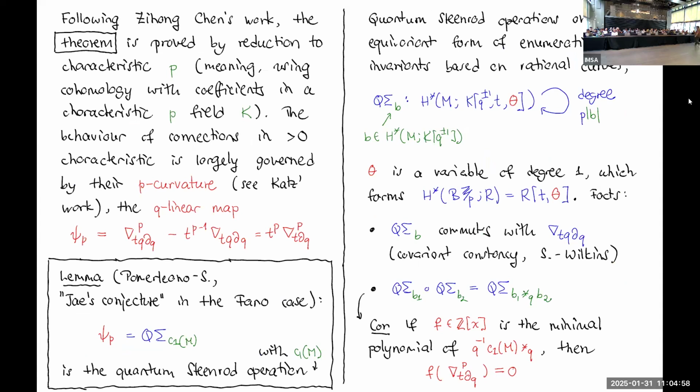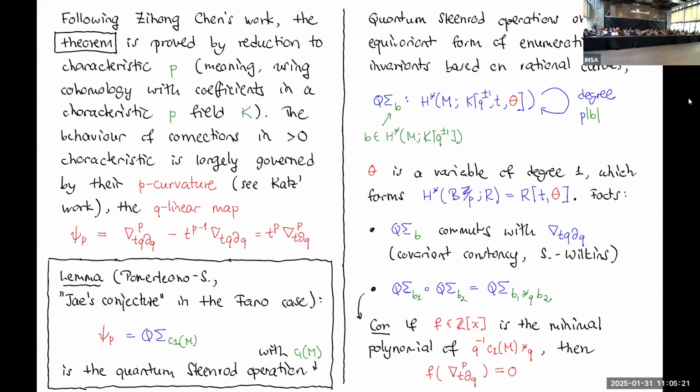Following Zihong Chen's work, all this is done by reduction to characteristic P, by which I do not mean that you take the Fano and reduce it mod P, but that you simply work with cohomology coefficients in characteristic P. The advantage is that a connection in positive characteristic has an additional invariant, which is a linear endomorphism called the P curvature.